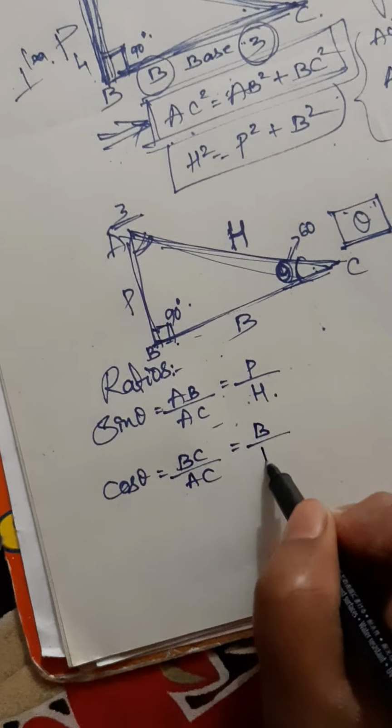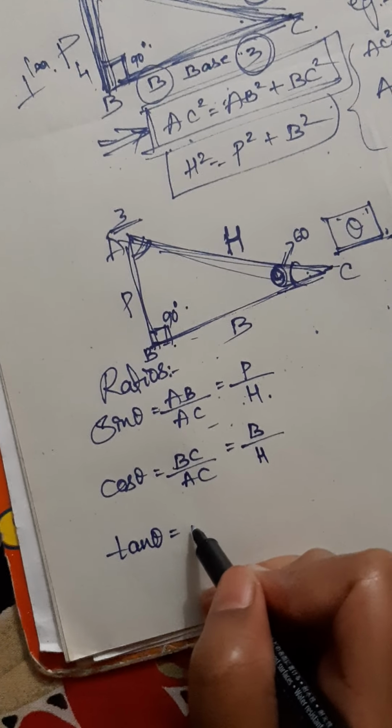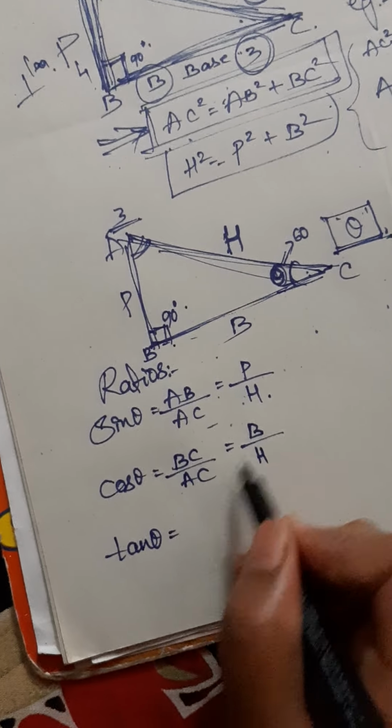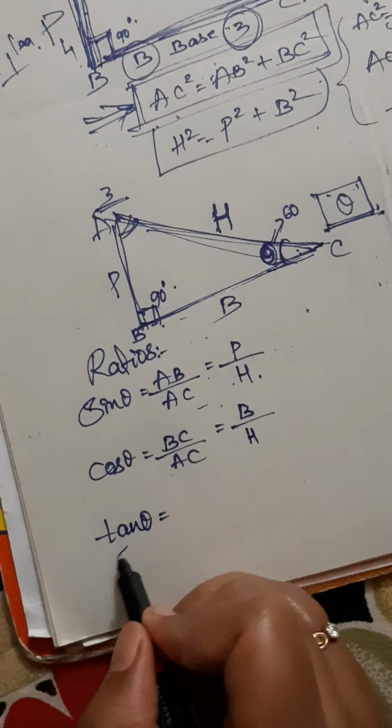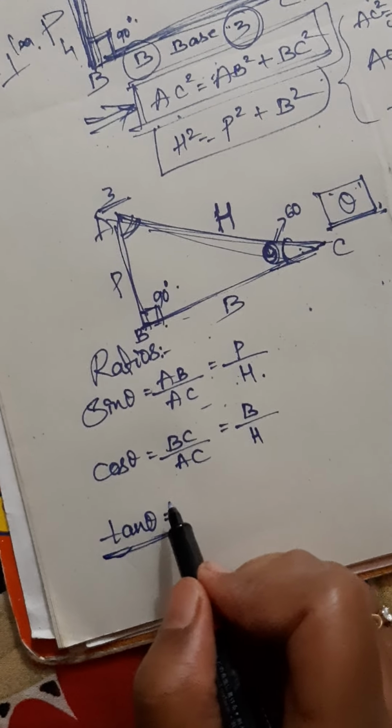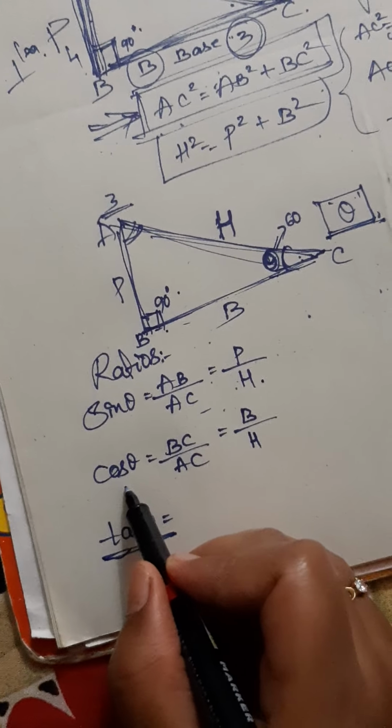Next one is tan theta. You all must remember this one. This is perpendicular divided by base. How did we get this? Tan theta is sin theta divided by cos theta.